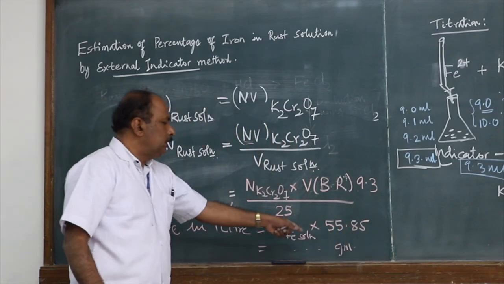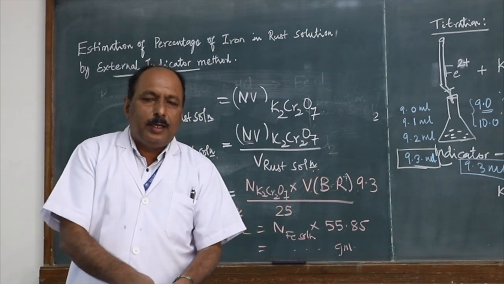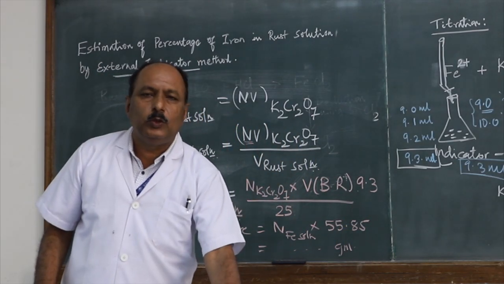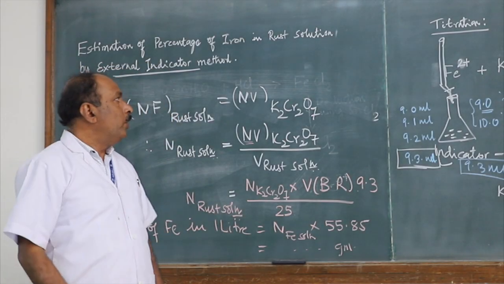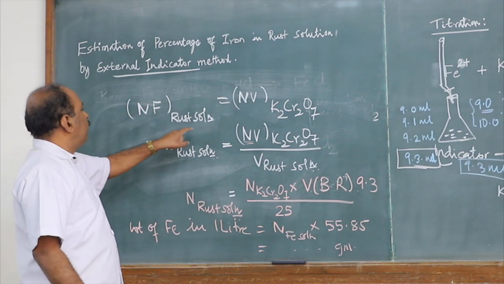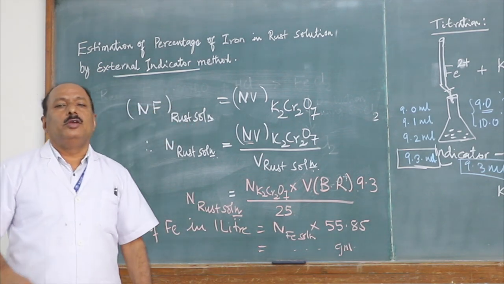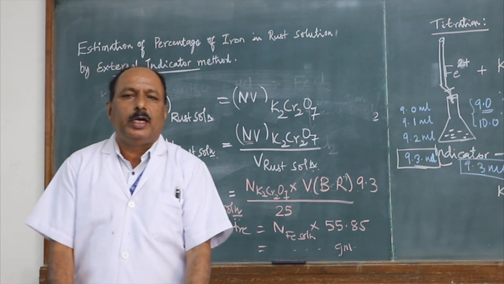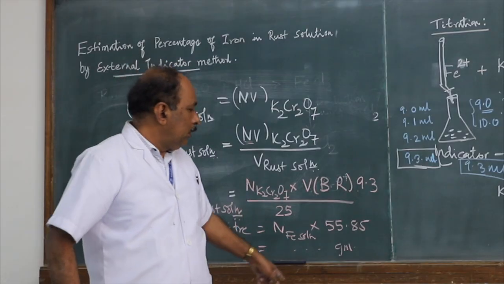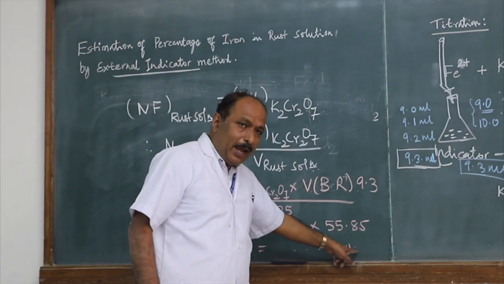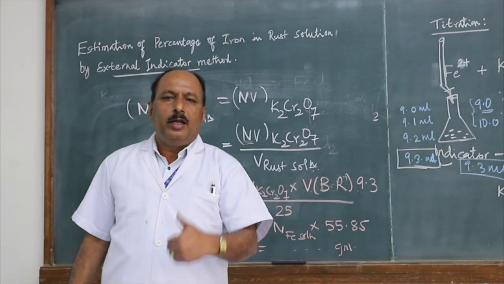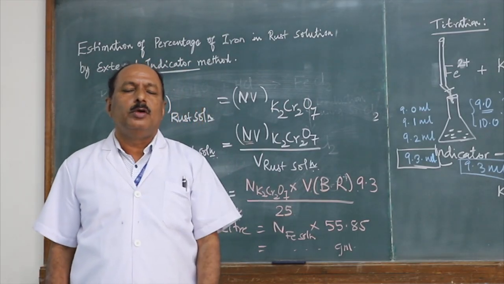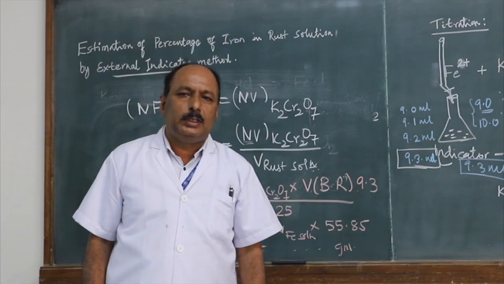Once you know this is the amount of iron present in the rust solution, which is taken in 250 ml, by knowing the weight of rust which was taken, we can calculate the percentage of iron using this equation. If this turns out to be, say, A, and W is the weight of rust taken, A by W into 100 will give you the percentage of iron present in the rust.